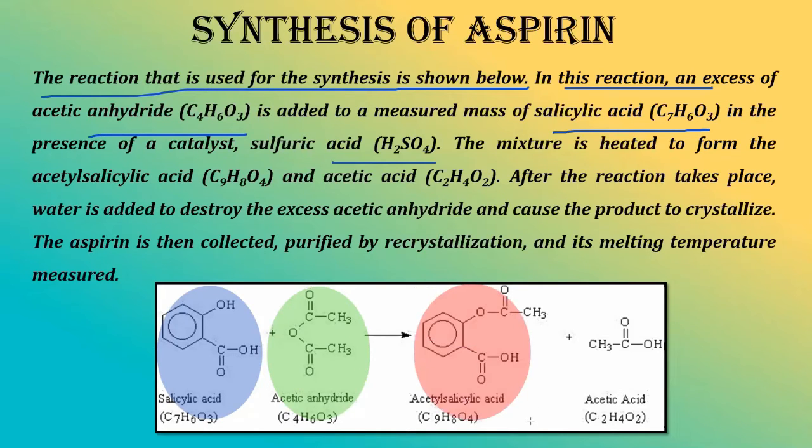These two react to form acetyl salicylic acid, which is aspirin, and this other product comes as the side product, which is called acetic acid. Again, salicylic acid reacts with acetic anhydride to form acetyl salicylic acid and acetic acid.